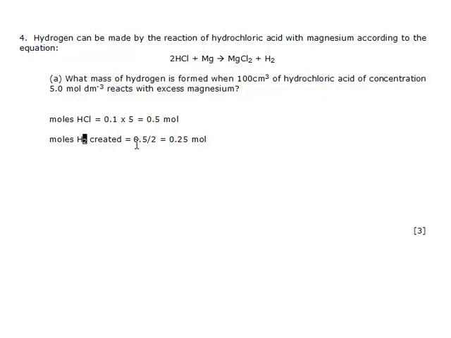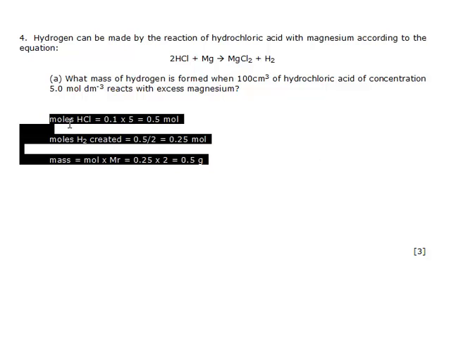And the mass of hydrogen then is the moles times the relative mass. Mass equals moles times Mr, relative mass. Well, the relative mass of hydrogen, H2, is 2, so it's 0.25 times 2 equals 0.5, 0.5 grams. That's an easy sum for 3 marks.